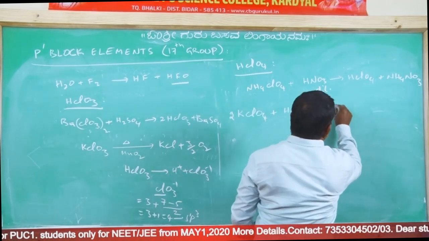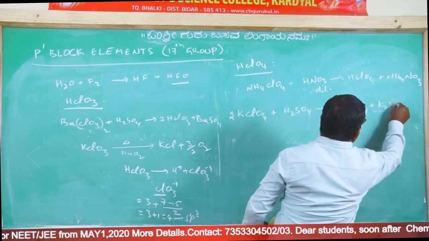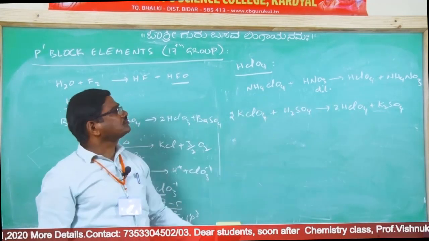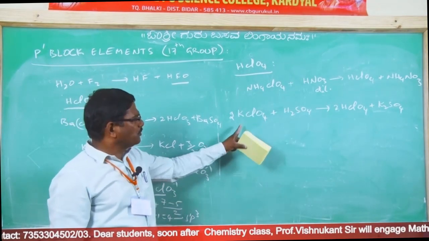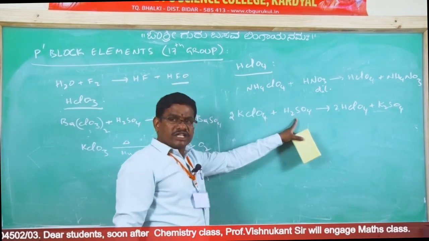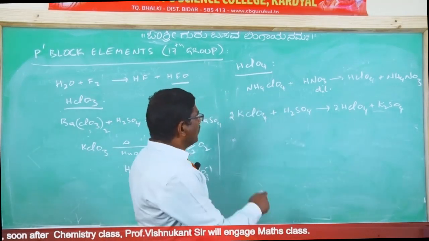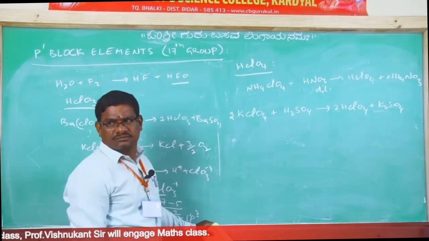It gets converted into 2 moles of perchloric acid along with potassium sulfate. Clear now? In this way, potassium perchlorate with sulfuric acid converts into perchloric acid.